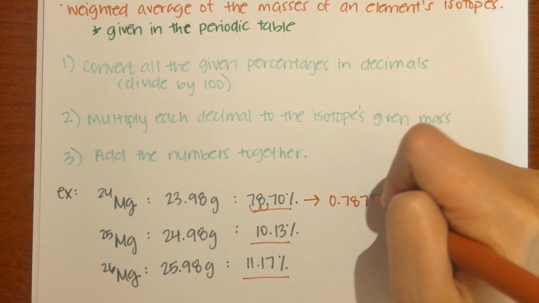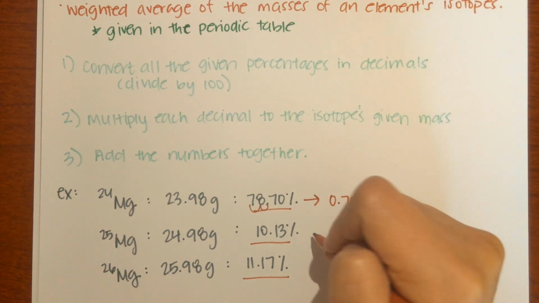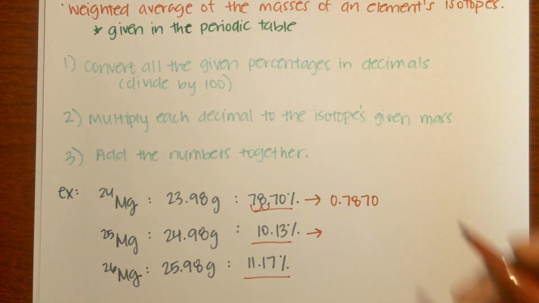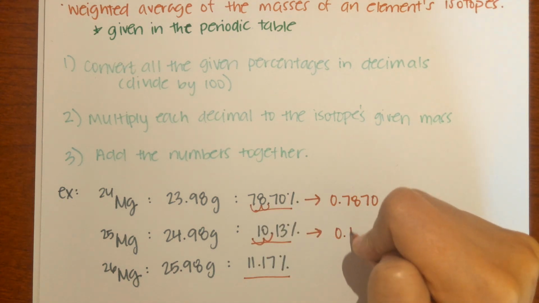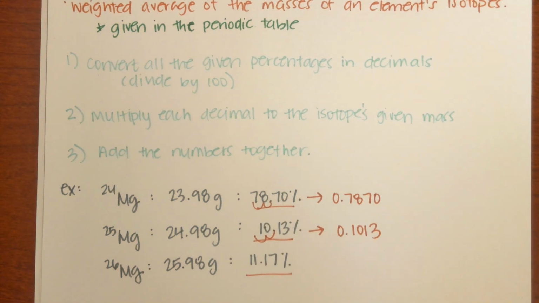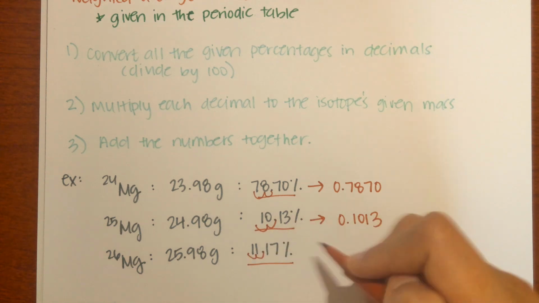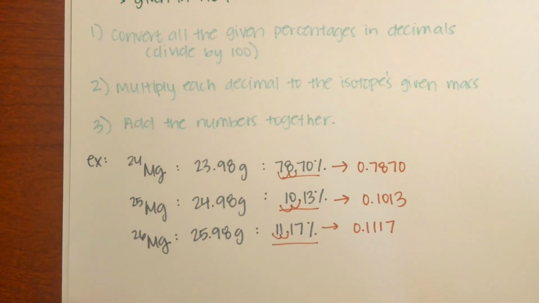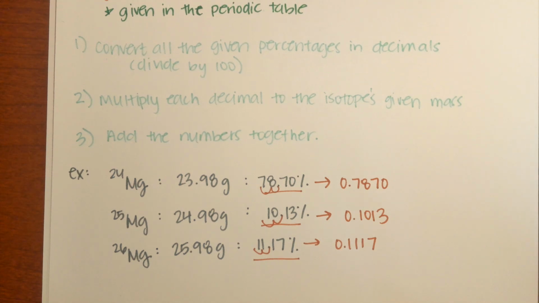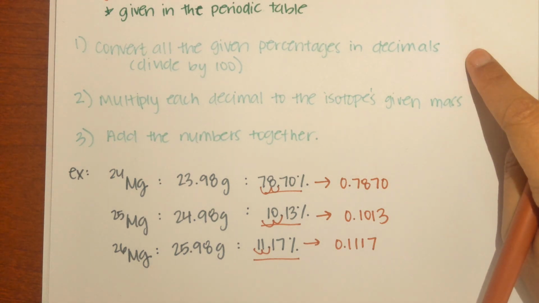You can add the 0 if you want, it doesn't really matter. Then 10.13% turns into 0.1013, and the last one turns into 0.1117. So that's step 1.